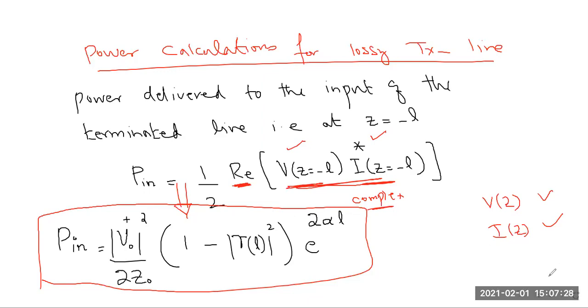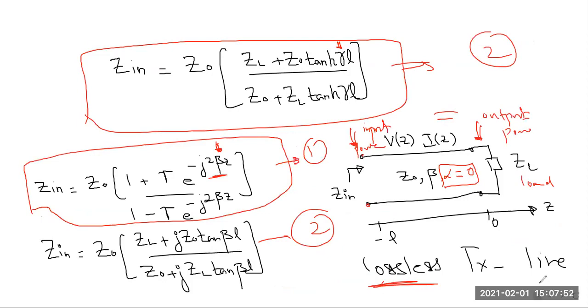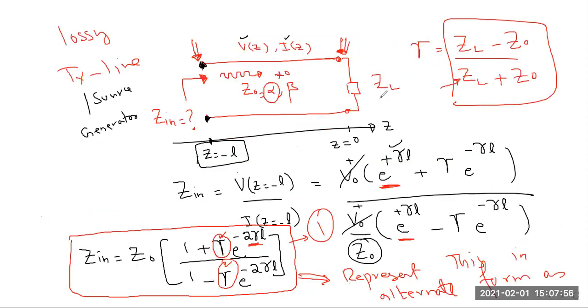Now, how much power is going to be delivered to the load? How are we going to find that? So power delivered to the load, that is at Z equal to 0, because in our case this is our load.